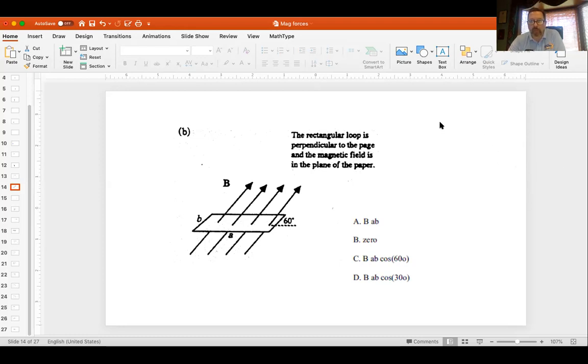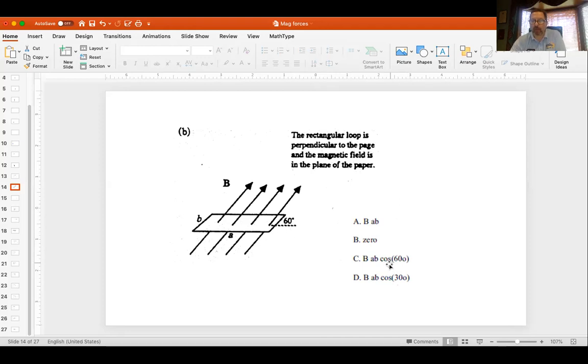And we're kind of stuck between C and D. And I have to warn you, in any physics problem, the angle that you're given might not be the best angle that you want.